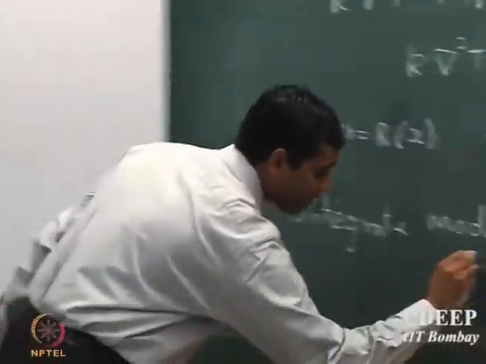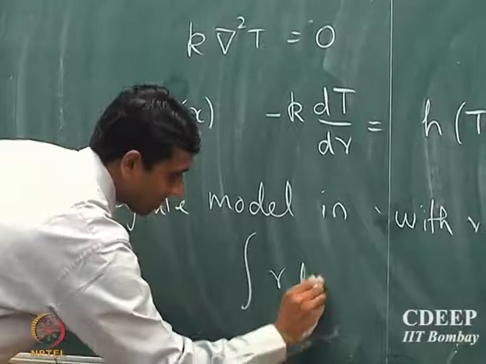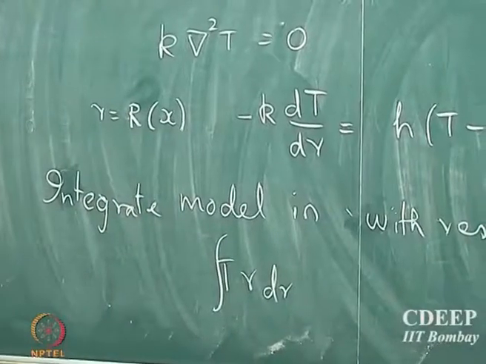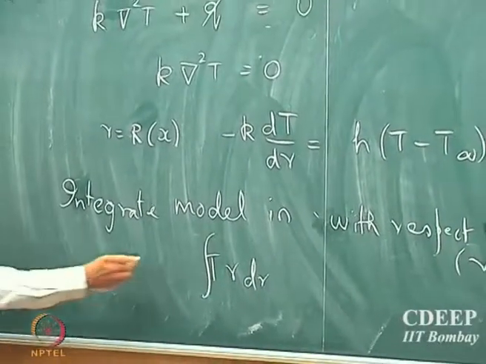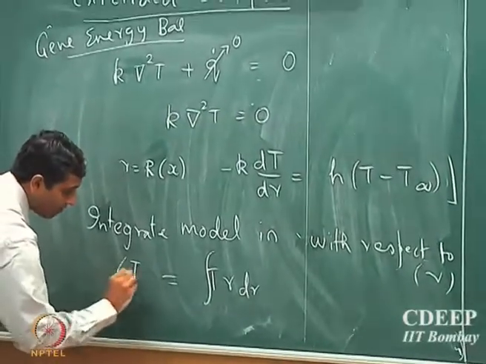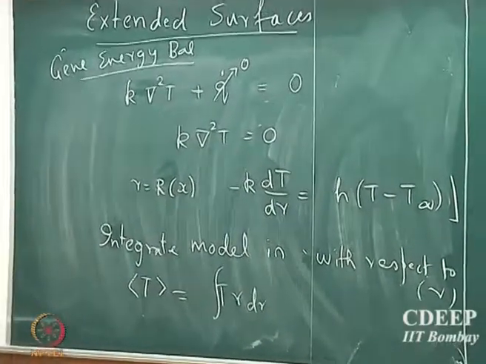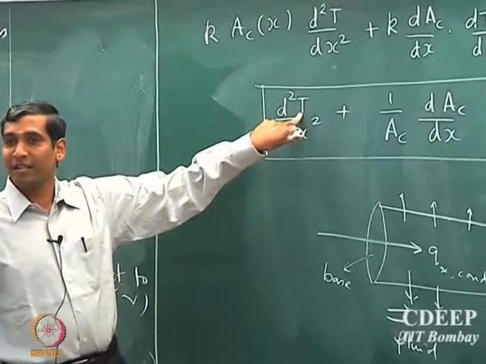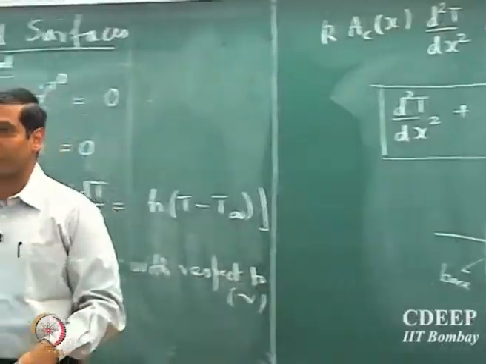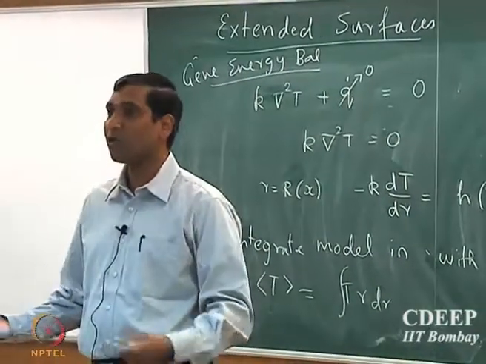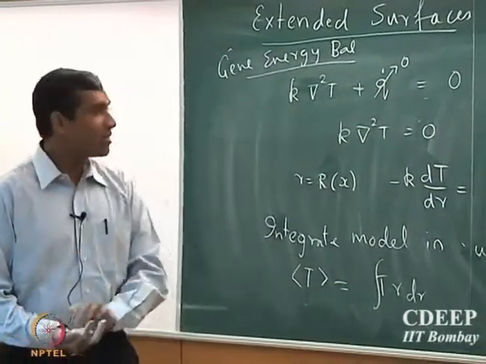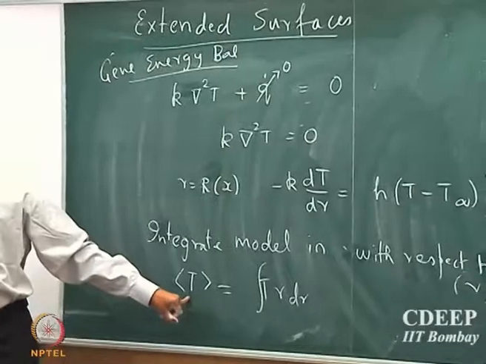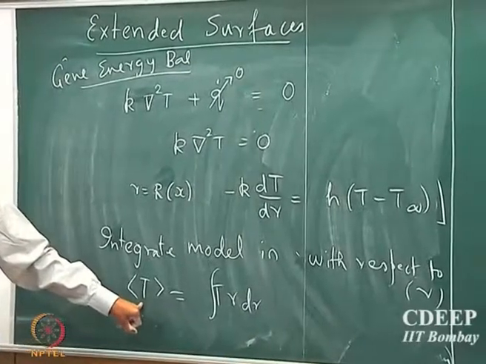So the correct integral is essentially T times r dr, okay? What you will get is a cross sectional averaged temperature. So this T is essentially, we are assuming that the radial distribution is uniform, right? We said that there is no gradient in the radial direction, which is equivalent to saying that it's a cross sectionally averaged temperature quantity.